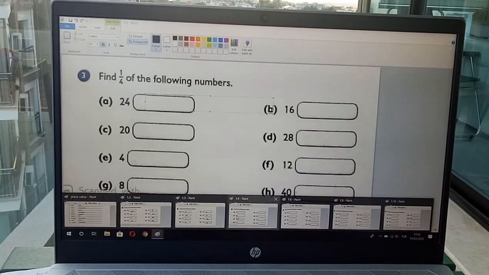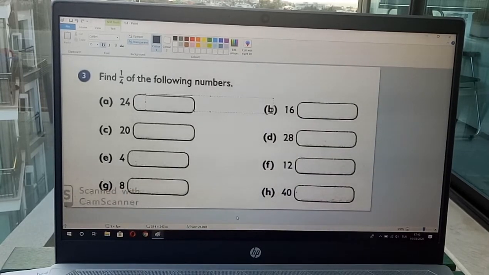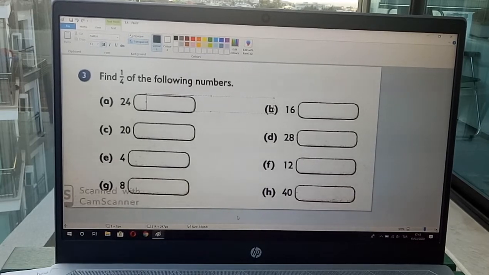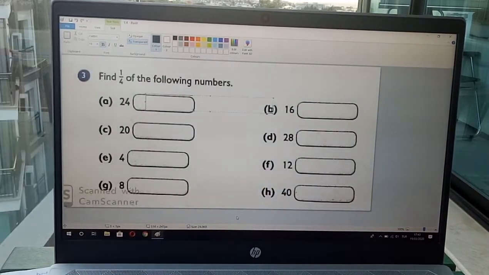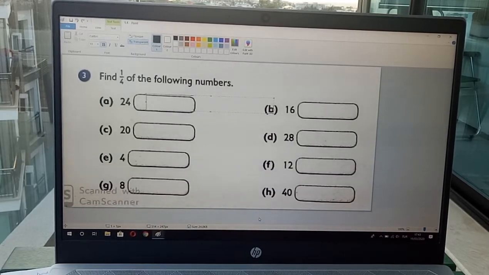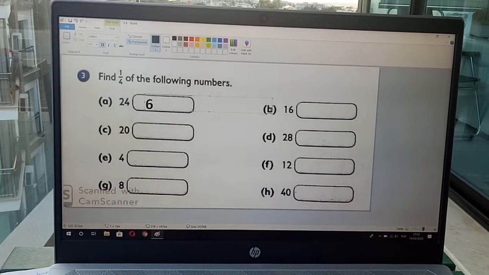Okay, the next we have 1/4. We are going to divide the given numbers by our denominator 4 because we have a fraction of 1/4. Now the 1/4 of 24 is 6.